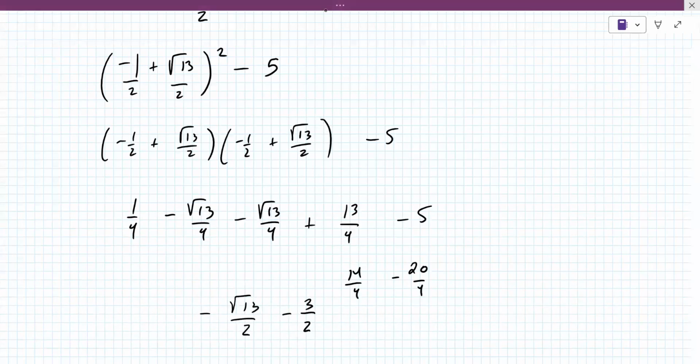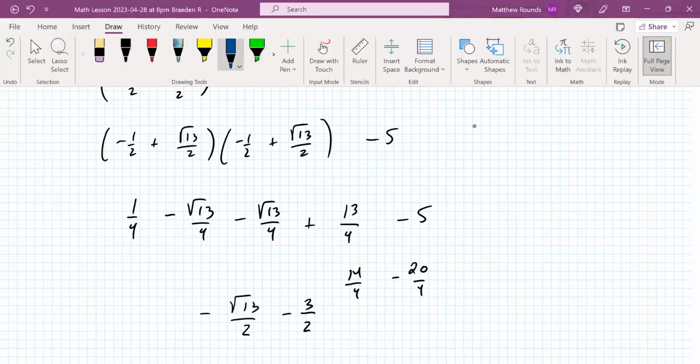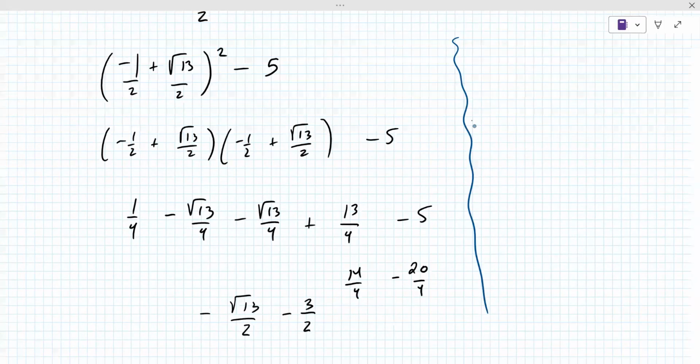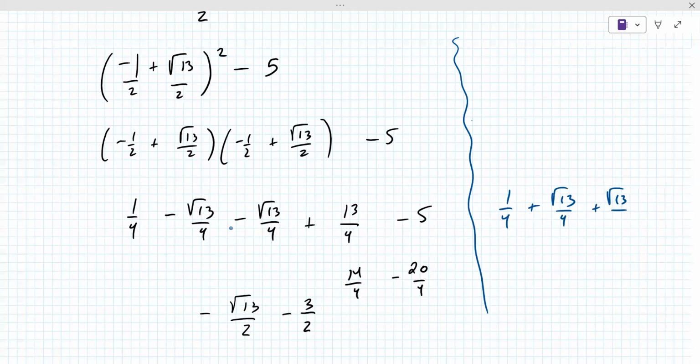Okay. To find the other one, the only difference is you make it negative. Would you just multiply everything that you got by a -1? No, it's just the outer and the inner that are affected. It becomes 1/4 plus square root of 13 over 4 plus square root of 13 over 4.